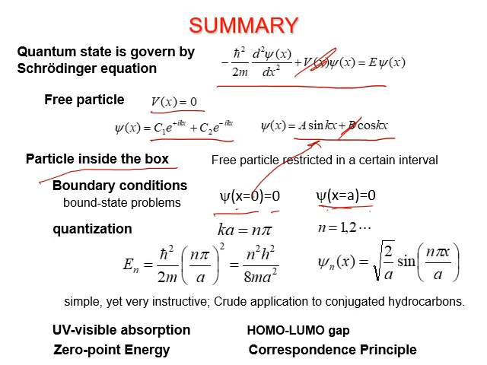To meet the right side boundary condition, we find that k can only have certain values: ka must be pi, 2 pi, 3 pi, so k is quantized. k is related to the energy, and therefore the energy is quantized. It's determined by the quantum number n, and the wave function is also determined by the quantum number n.